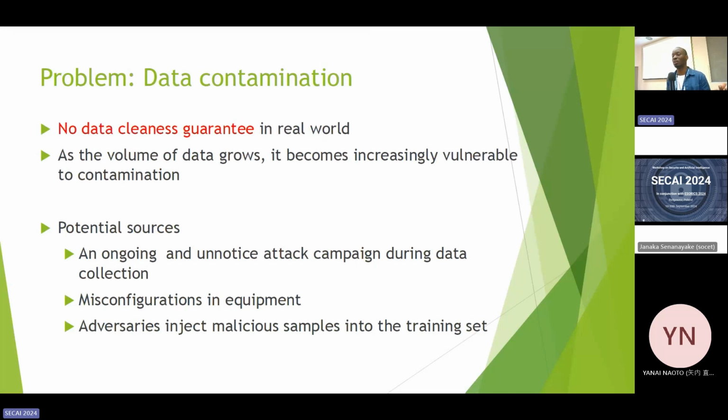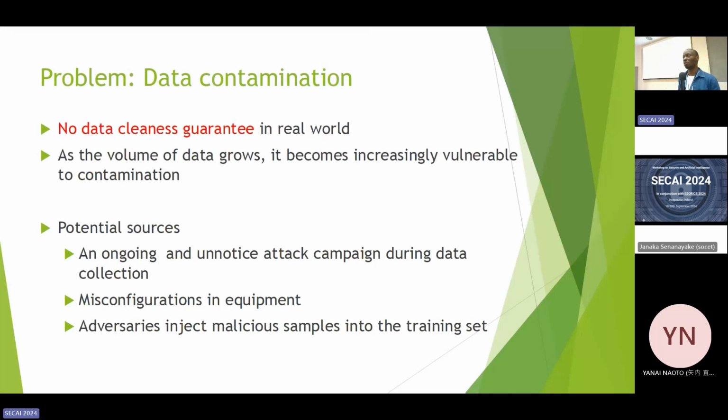So that is really a problem. And as the volume of data grows, it becomes complicated and difficult to say it's clean, because one way this can be resolved is by labeling data, but that would be expensive given the amounts of those data.